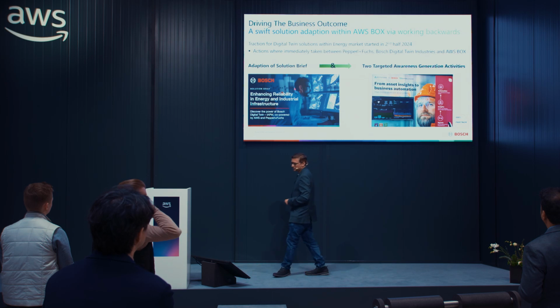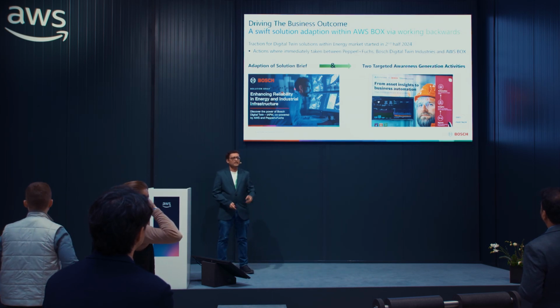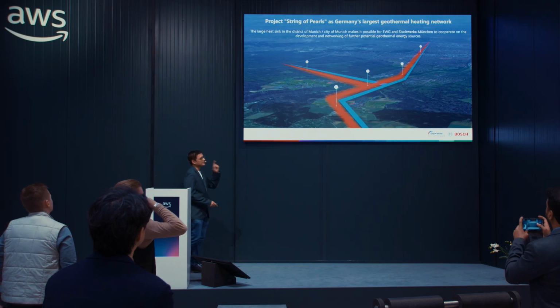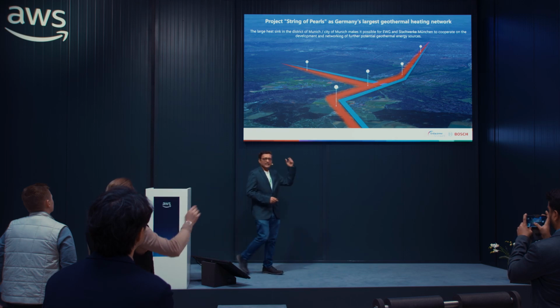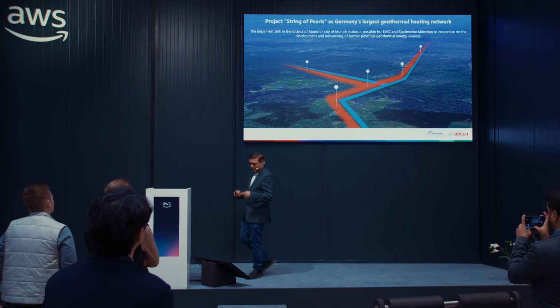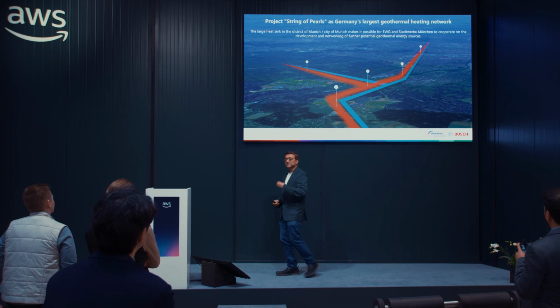And with this partnership, ladies and gentlemen, I'm very happy and proud to say, today our solution is working on the largest German geothermal circuit. This is called Project String of Pearls in the area of Munich, together with Stadtwerke München, making sure that in the winter season the citizens are not having a tough time.